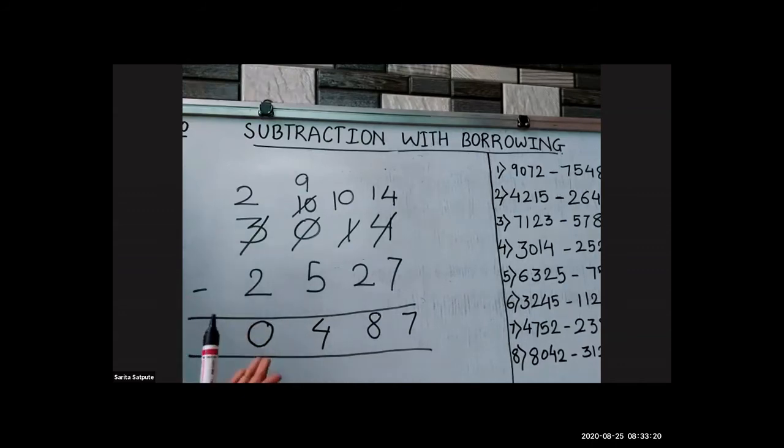Can anyone read the answer? What answer did we get? 487. There is nothing at the 1000 place. You can see that at the 1000 place there is 0, so you cannot read 0. So 487.